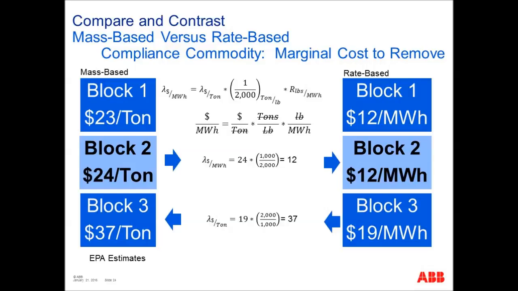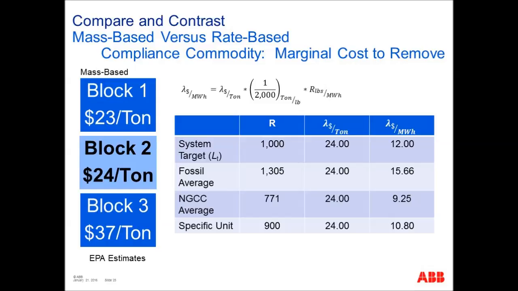So let's step back for a moment and look at what this equation looks like to convert from dollars per ton to dollars per megawatt hour. First of all, you have to convert tons to pounds, and then you have to multiply by some emission rate in pounds per megawatt hour.